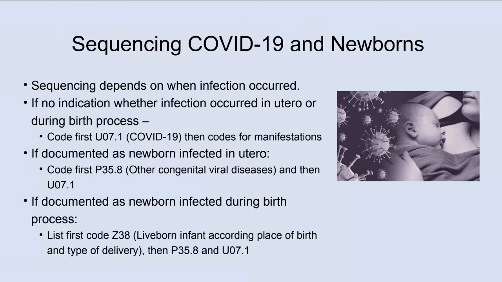If it's documented the newborn was infected while in utero, code first P35.8, other congenital viral diseases, and then U07.1. If documented as the newborn infected during the birth process while being born, list first Z38, live-born infant according to place of birth and type of delivery, which is always first on newborn charts, then P35.8 and U07.1.